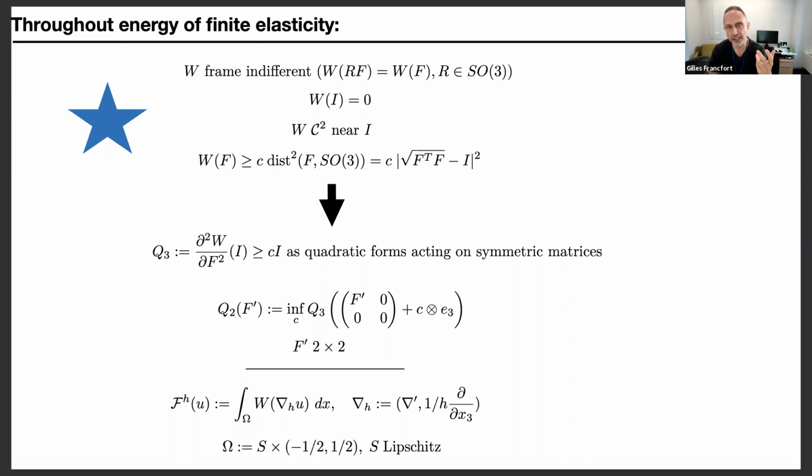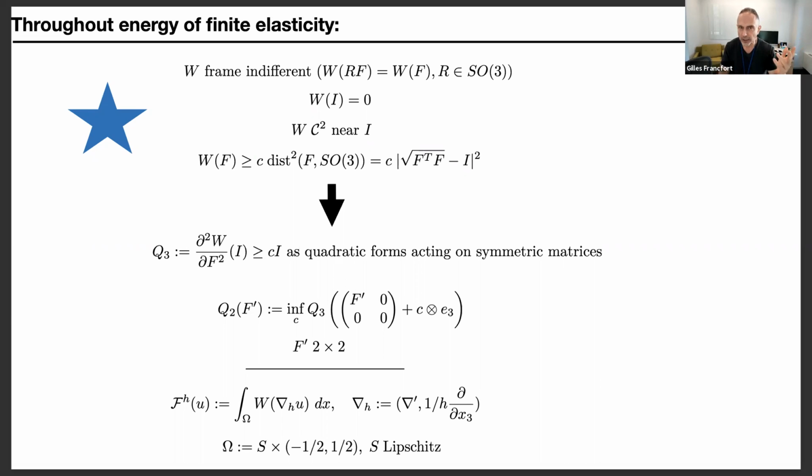So I have an energy density W, which acts on 3x3 matrices, which are supposed to be the gradient of the deformation, and which take their value in R, or may take the value plus infinity.